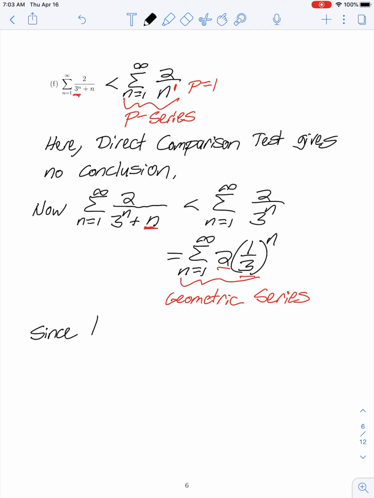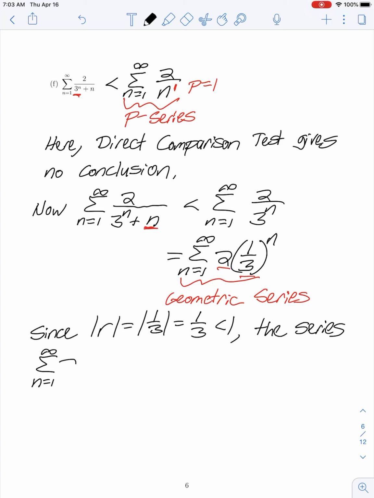So since the absolute value of that ratio 1/3 is less than 1, the series that I'm comparing to, that is the sum from 1 to infinity of 2 times 1/3 to the nth, converges by the geometric series test.